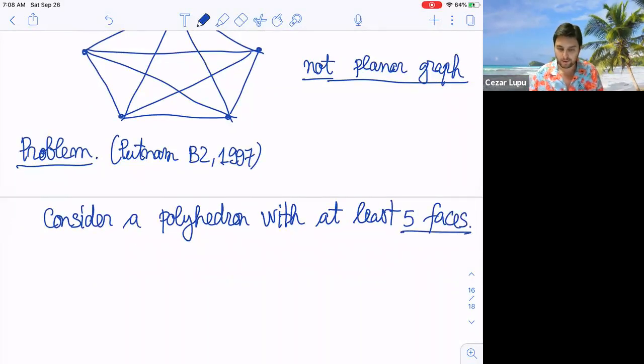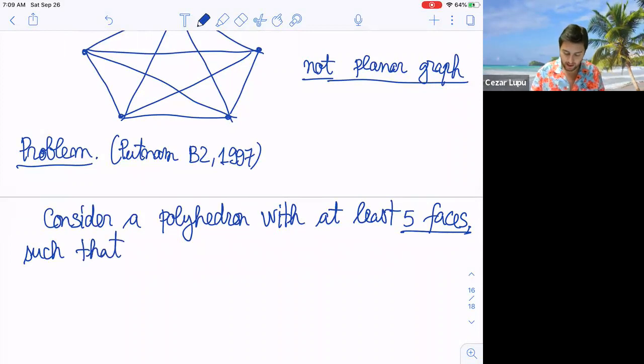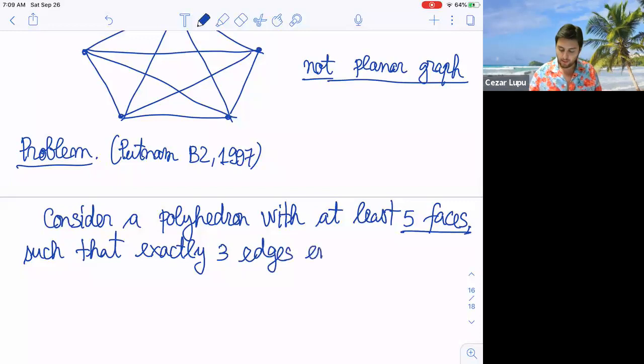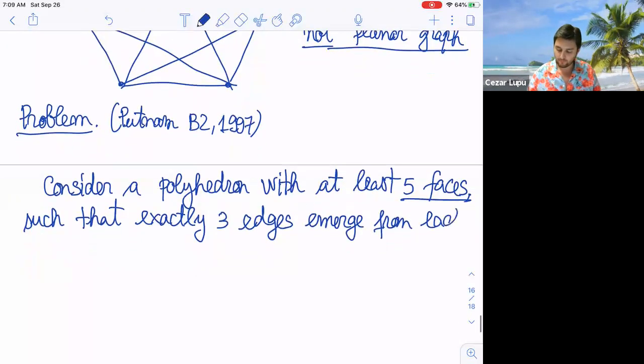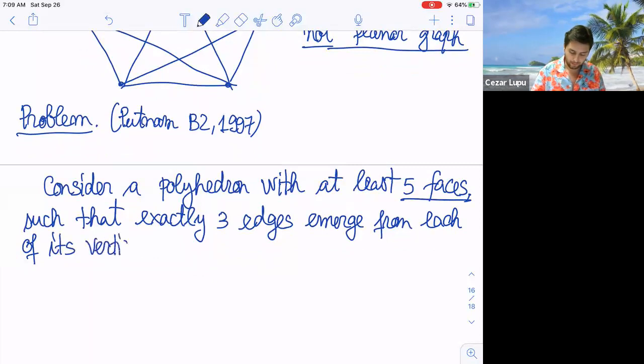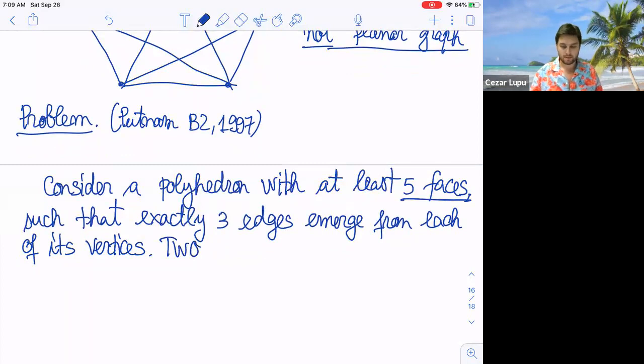It's important, 5 faces, such that exactly 3 edges emerge from each of its vertices. And now we're going to have the following: 2 players play the following game.